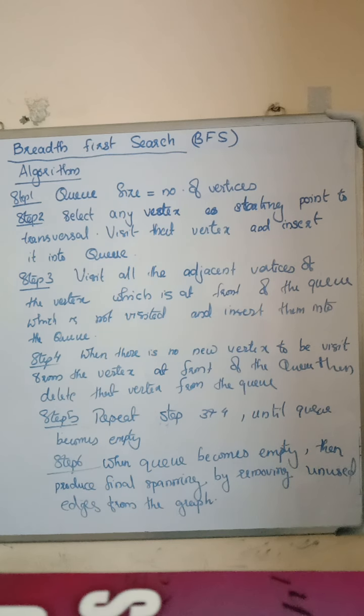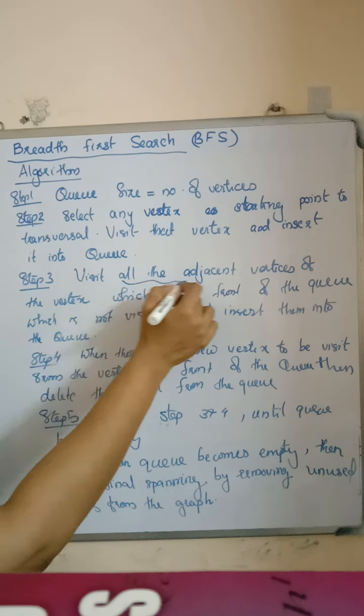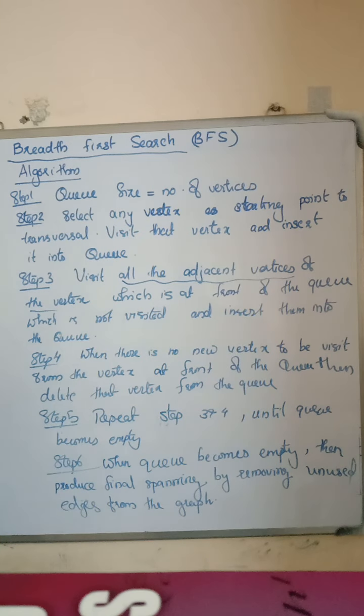In step 3, visit all the adjacent vertices of the vertex. In DFS, we choose any one of the adjacent vertices, but here we choose all the adjacent vertices of the vertex which is at the front of the queue, which are not visited, and insert them into the queue.